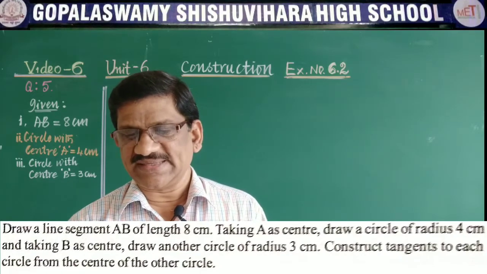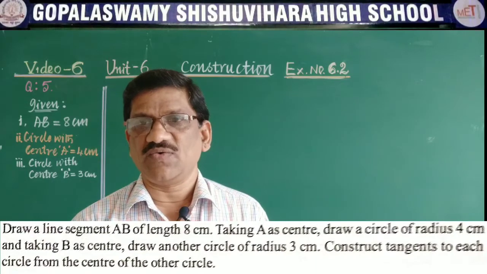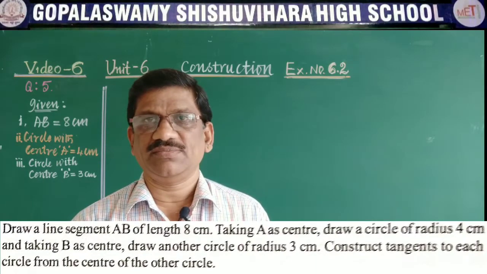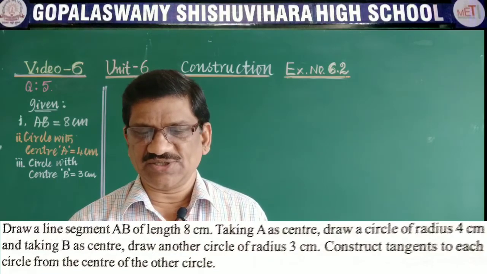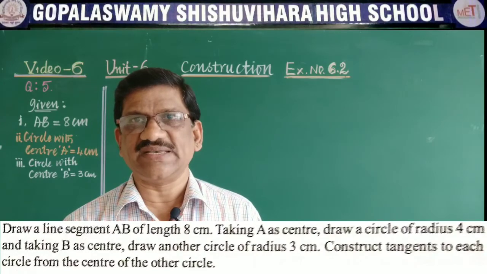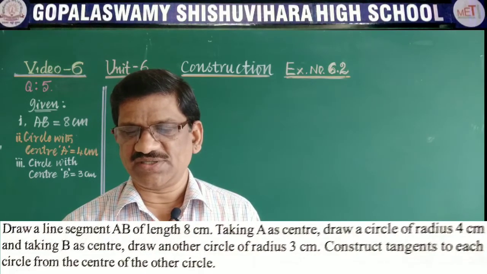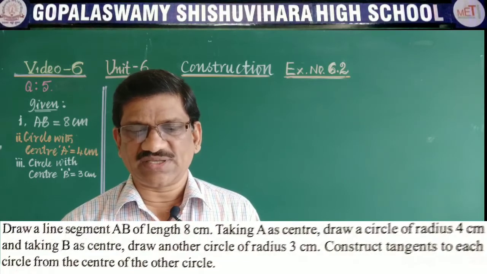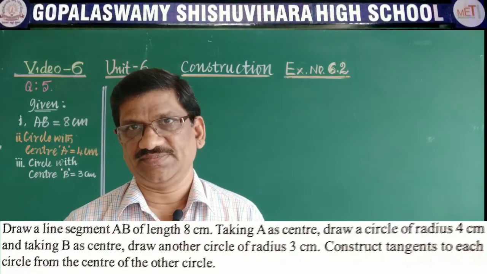Taking A as a center, draw a circle of radius 4 centimeter and taking B as a center, draw another circle of radius 3 centimeter. Construct tangents to each circle from the centers of the other circle.